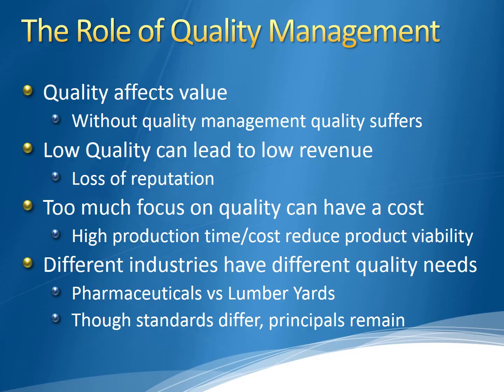If you are not able to maintain a high quality, if you produce low quality products, you're not going to be able to sell a product for as much, so you'll have reduced revenue. But in addition, you can have a loss of reputation because when a company is known to have good products and then they come out with a lower quality one, the consumer is going to recognize that, and you're going to lose some of the reputation that you have for producing high quality products.